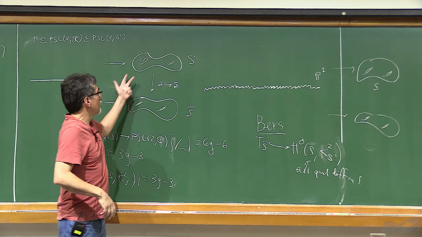And moreover, this space of flags has two tautological foliations, which are given as follows. So the flags are a couple of points. And you can consider the foliation whose leaves are the couples point-line that share the same line. Okay, so this is a foliation. So I will move the point within the line.